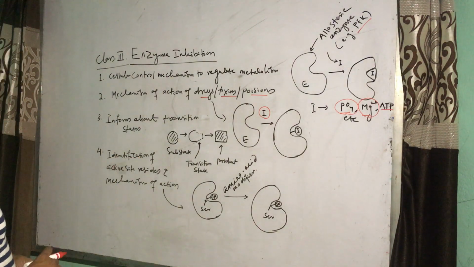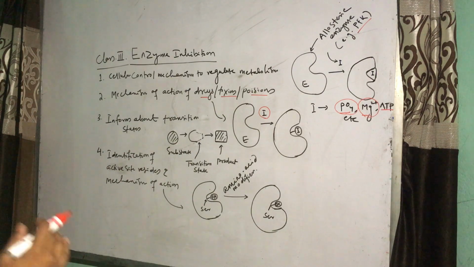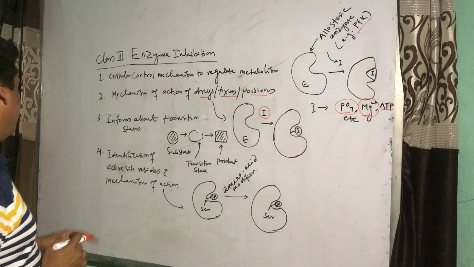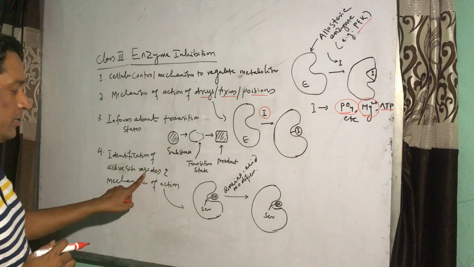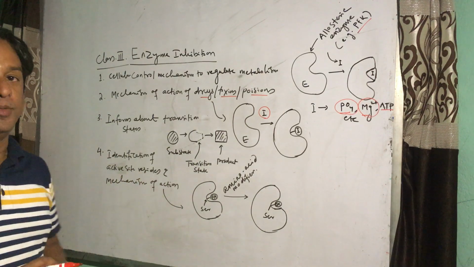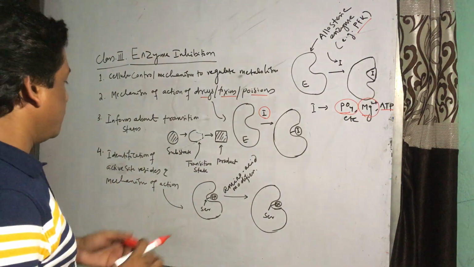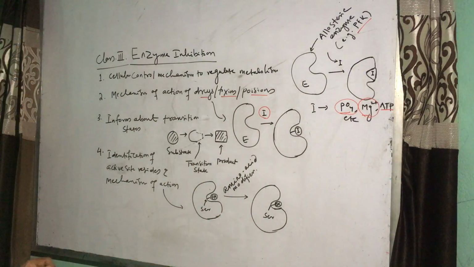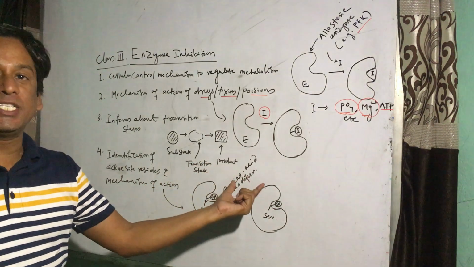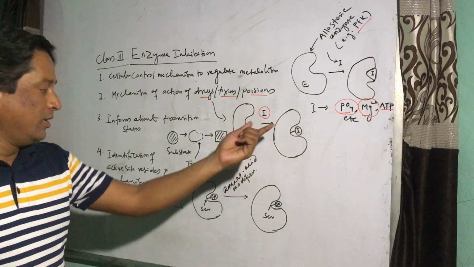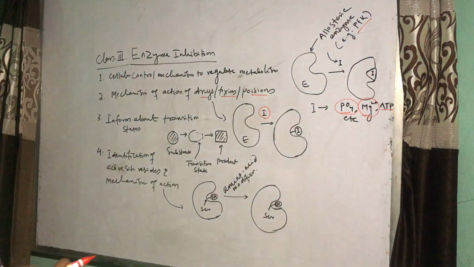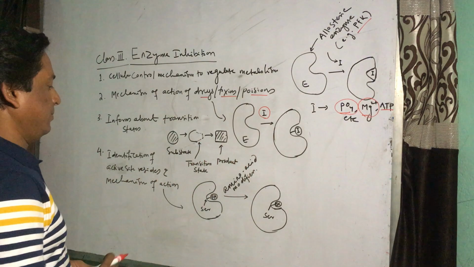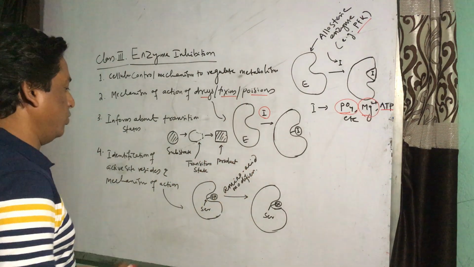Lastly, inhibitors provide very important information about the active site residues and the mechanism of their action. The active site amino acids can be identified by addition of different amino acid inhibitors, so that the enzymes are no more active.